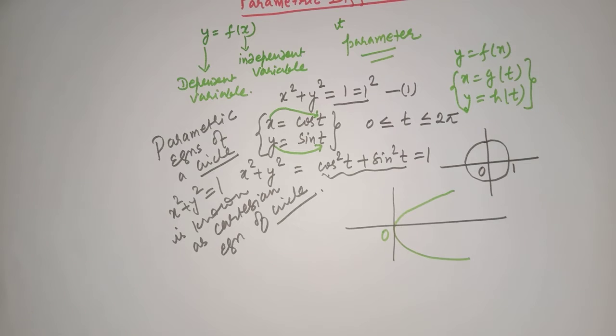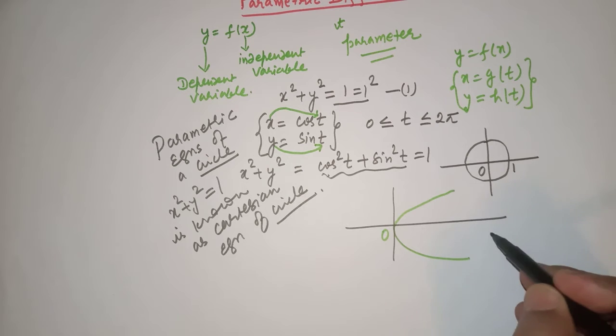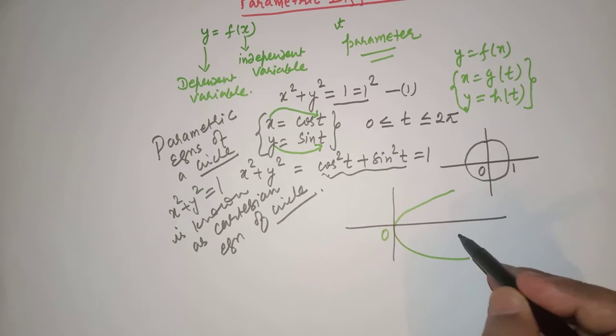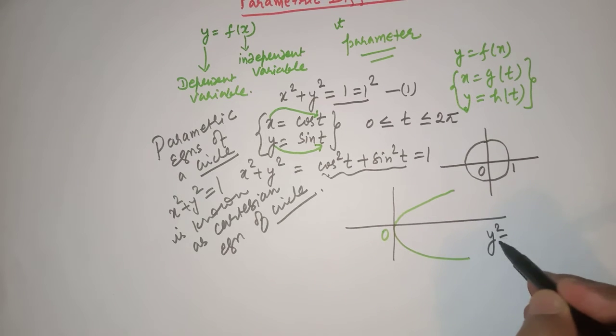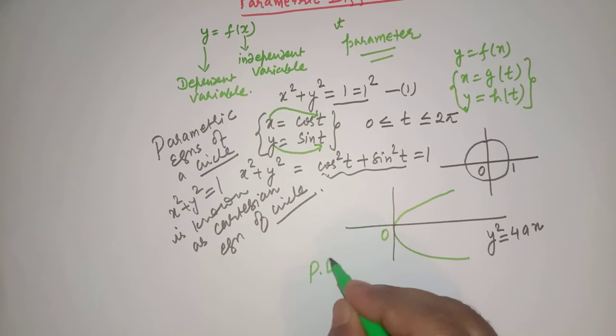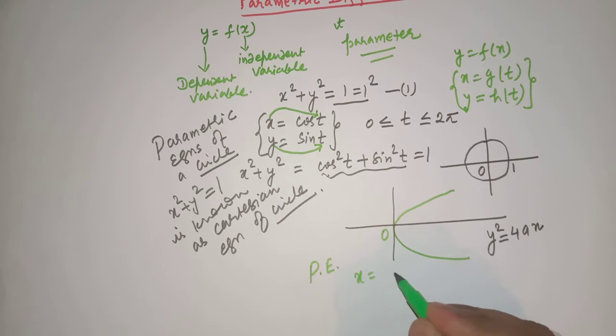Now let us also discuss the parametric equations of a parabola, and the vertex of this parabola is at origin, so its Cartesian equation is y square equal to 4ax. Now if we express x as a function of t and y as a function of t, we can express the parametric equations as x equal to at square and y equal to 2at.